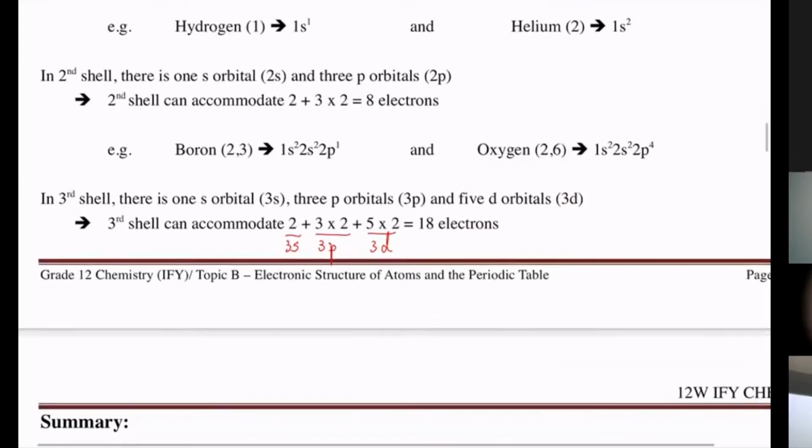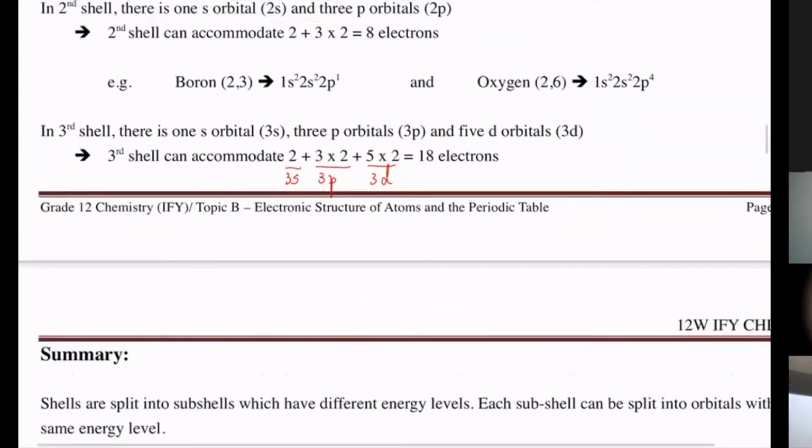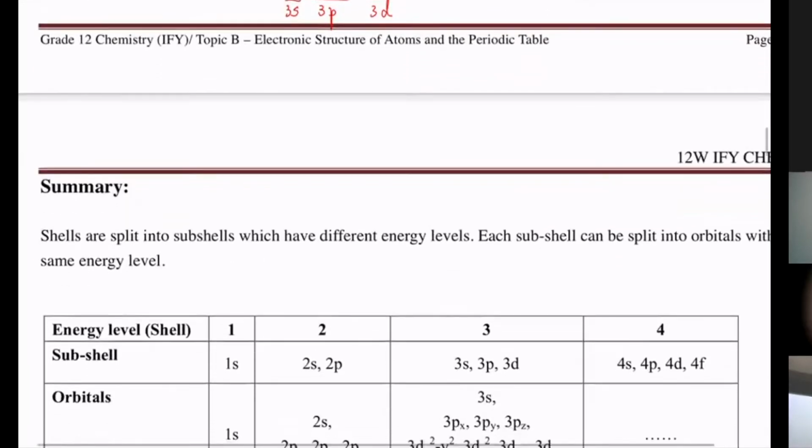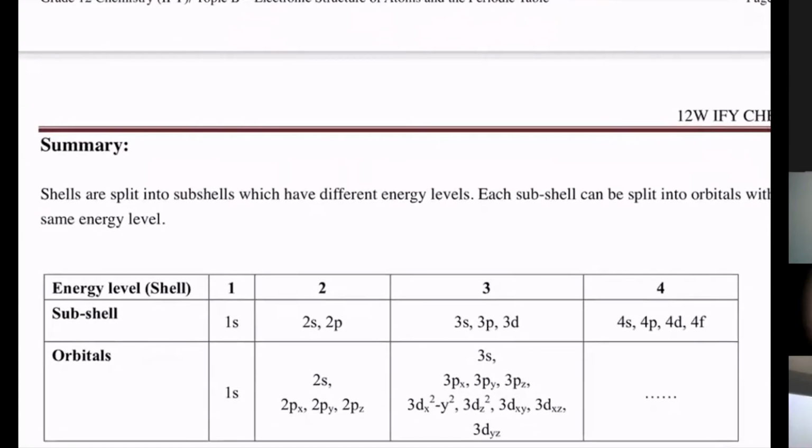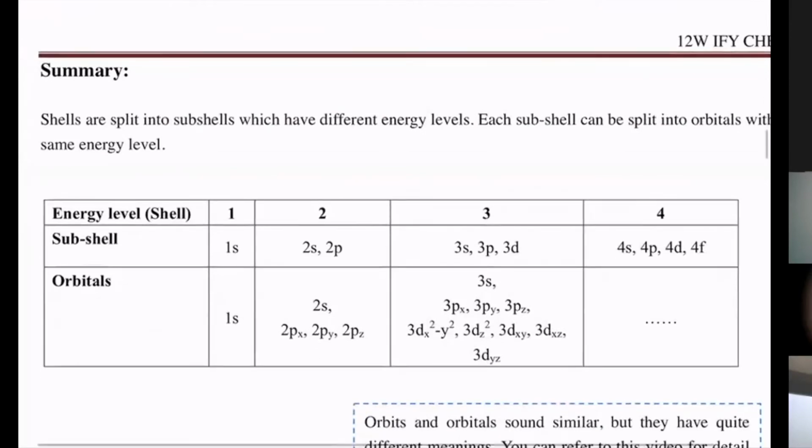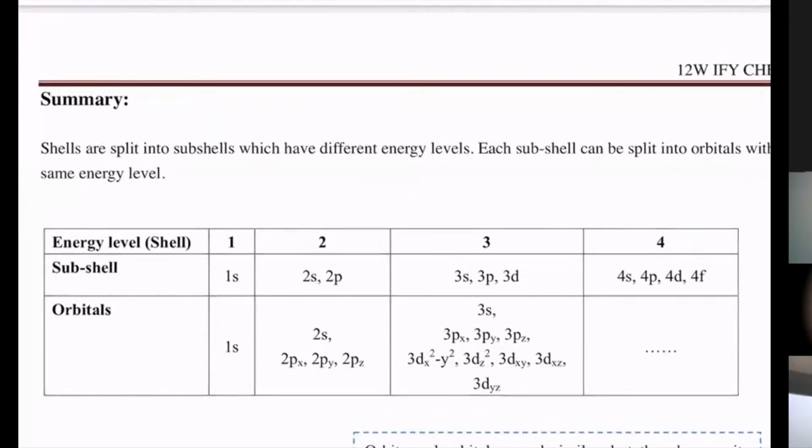Okay, so to summarize those terms we have learned, the energy level, the shell, and then the subshell, and then the orbitals, refer to this table. The energy level of the shell is what we talked about in grade 9, using the circle to represent the location of electrons. So we have the first electron shell, the second electron shell, the third electron shell, the fourth electron shell.